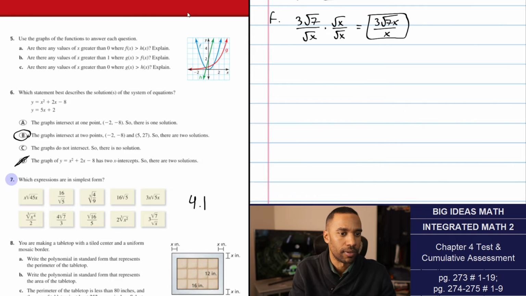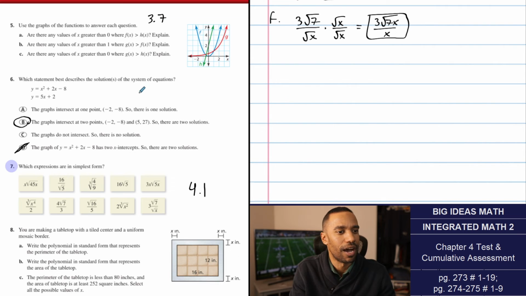Before I keep moving forward, let's see what these ones would have been a part of. I didn't do this section yet, but I saw that this probably would have been a part of section 4 point, maybe 3. 3.7. 3.7 is what I was looking for. It's hard when I haven't done the sections before. These are those.